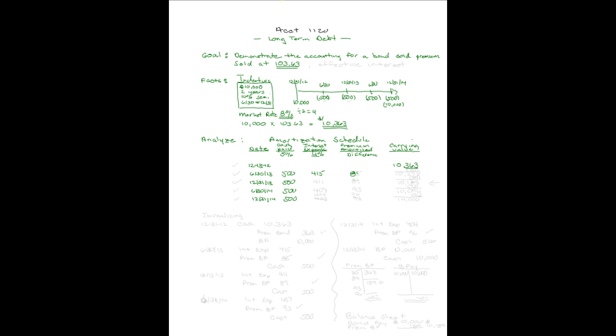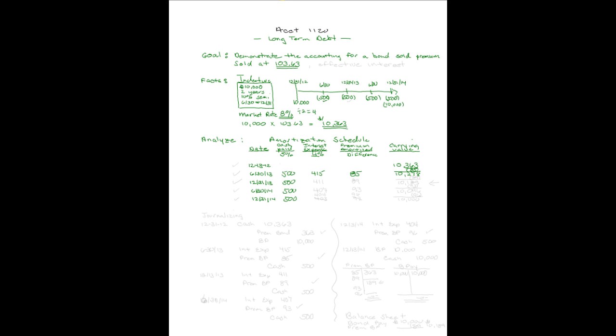The difference is $85, and I'm going to drop the carrying value by that because I have now used it up, and the bond's carrying value after that first payment will be $10,278. The carrying value is changing by the amount I'm amortizing. So that takes us through our first payment.